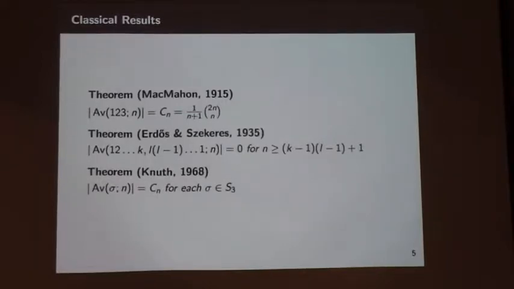Then Knuth came along in 1968, and he showed that MacMahon's result actually applies not just to 1, 2, 3, but to any length 3 pattern. And actually, this was sort of the result that kicked off the study of permutation patterns. And so after 1968, we started to see a lot more people interested in counting these things.